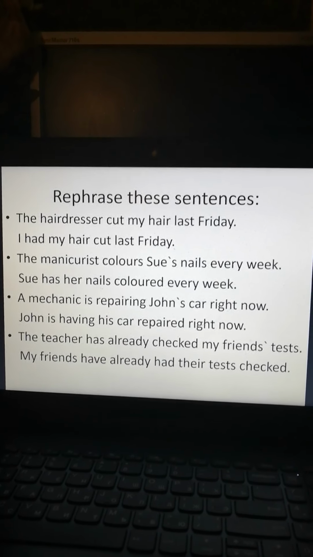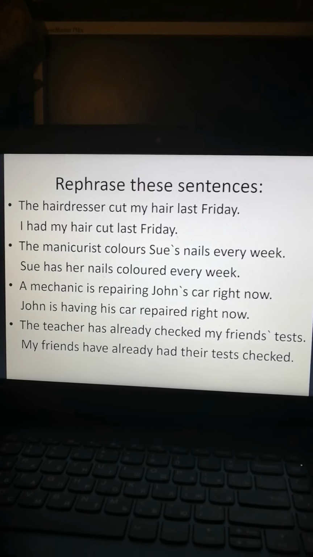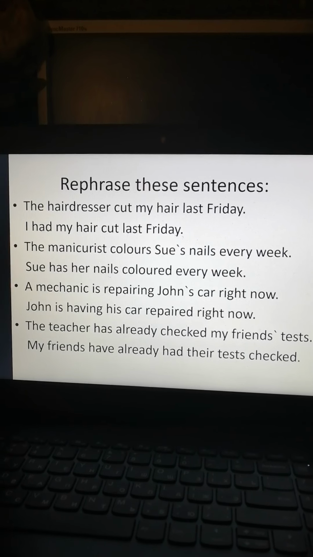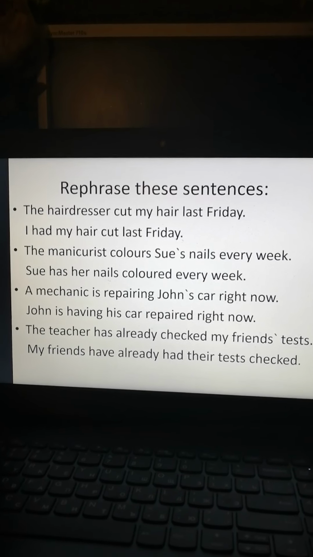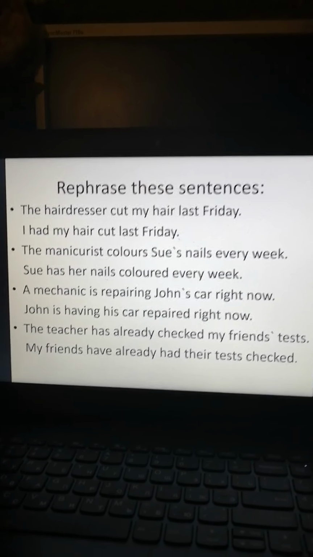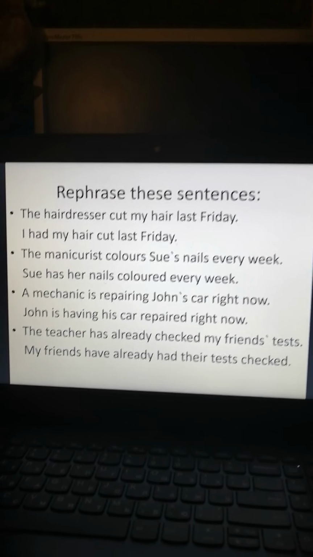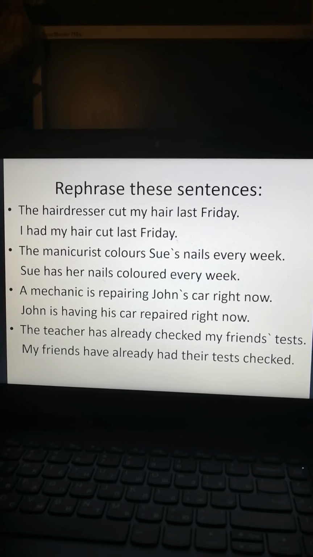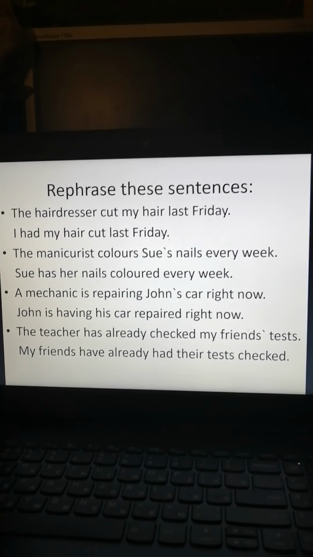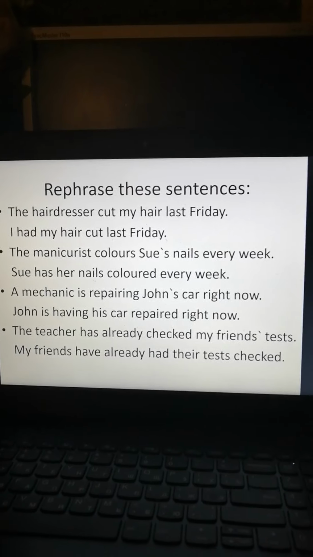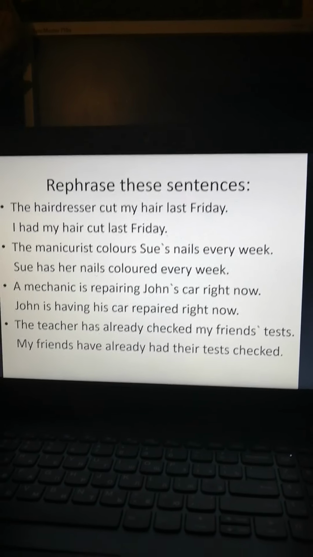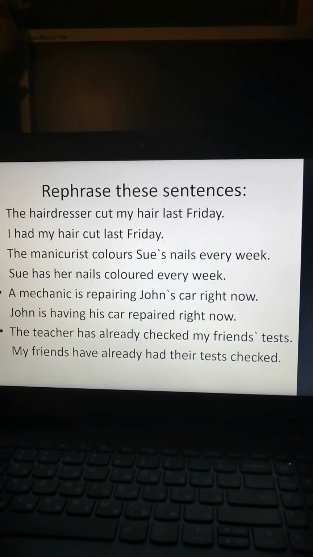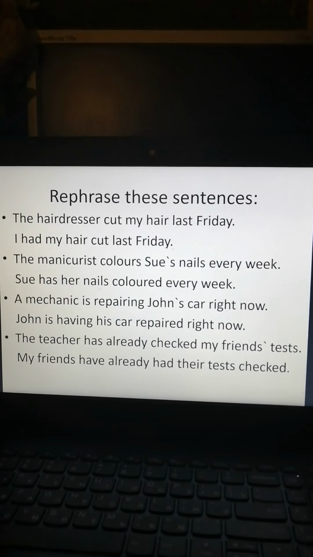My friends have already had their tests checked. I hope you noticed that all these sentences have a verb have in them. Some of you may also have recalled the name of this structure, which is causative.